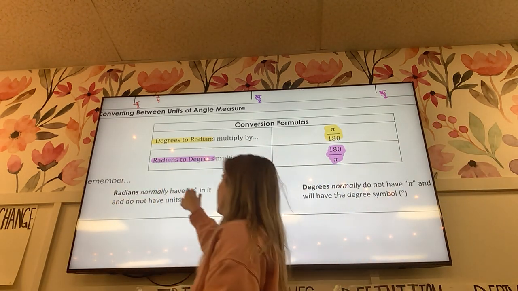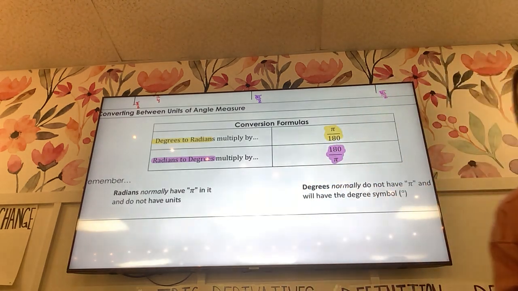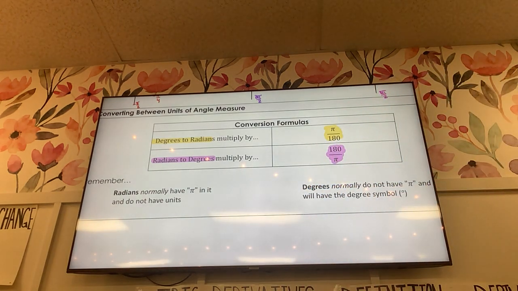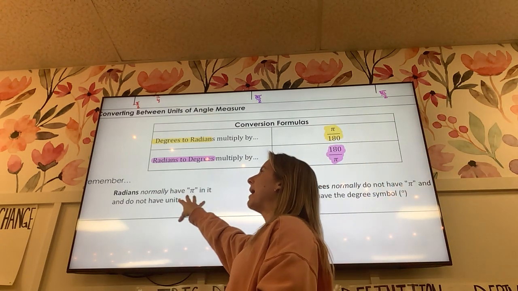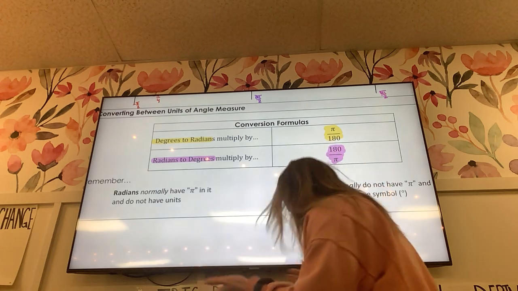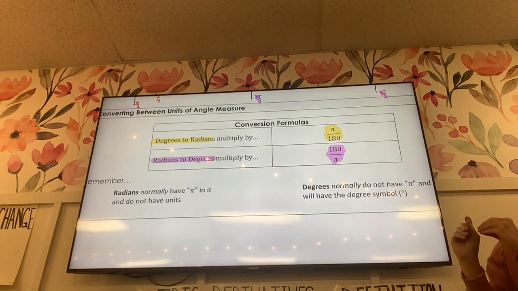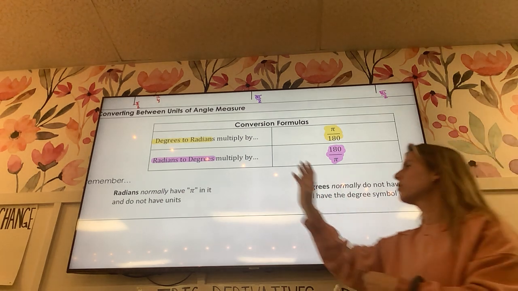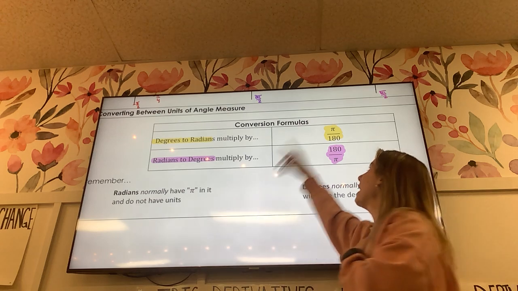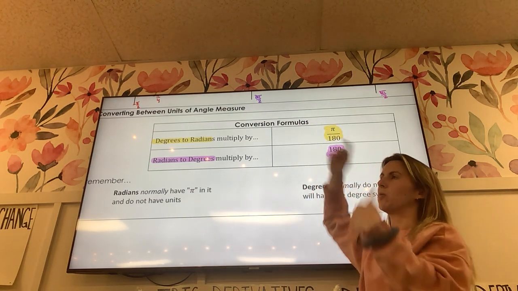Radians will normally have pi in it. They don't have to, but normally you will see radians like pi over 2 or 3 pi over 2 or 7 pi over 4 or something like that. So if I want pi, then I want pi on top, right? Because I want it to stay in my number, and it's normally on top, 7 pi over 4. So if you're changing to radians, you would multiply by pi over 180.